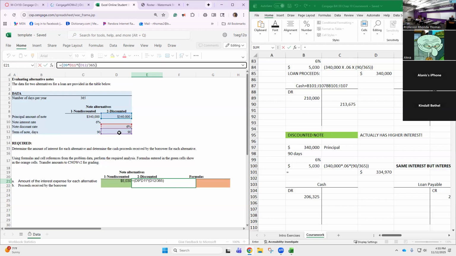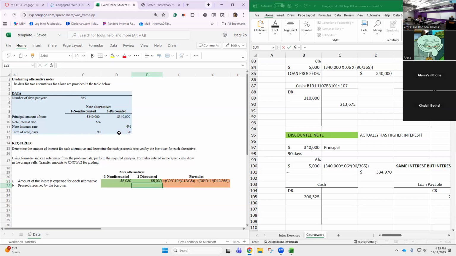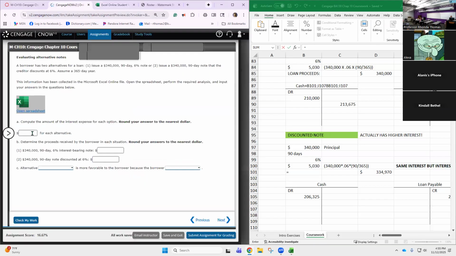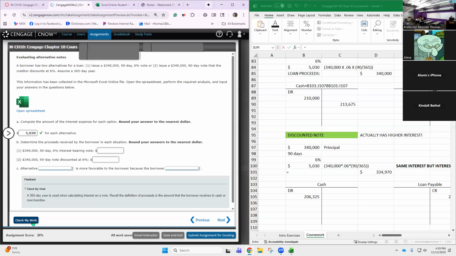Close your parentheses, close your first set of parentheses. This is going to get you the same amount. Either one, you get $5,030. I'm going back to Cengage a minute. No matter which alternative you have, the interest is the same.